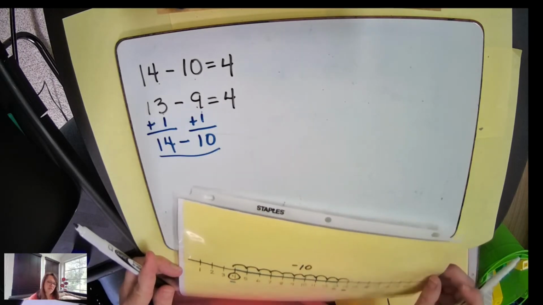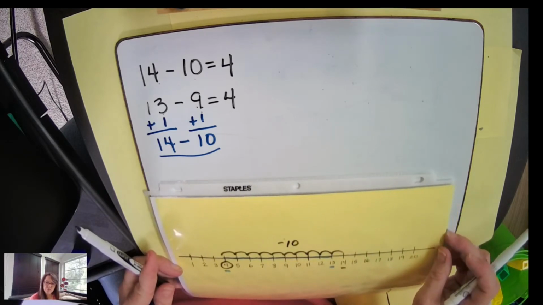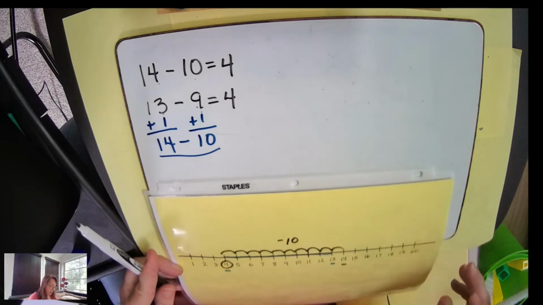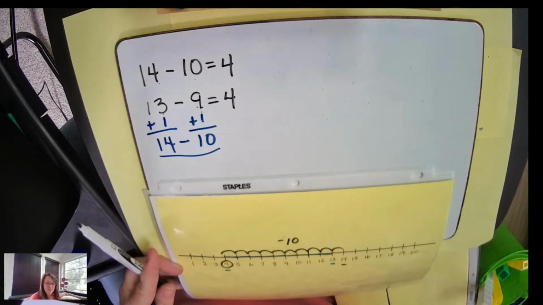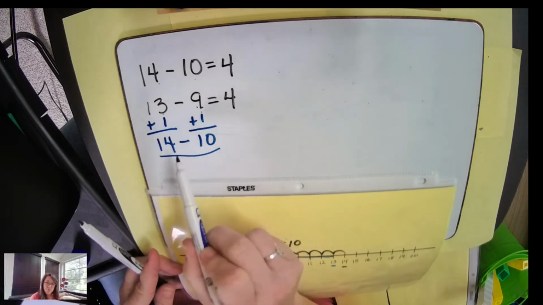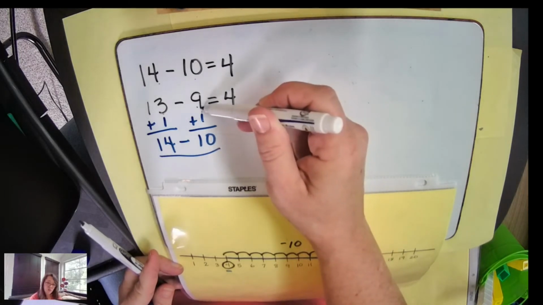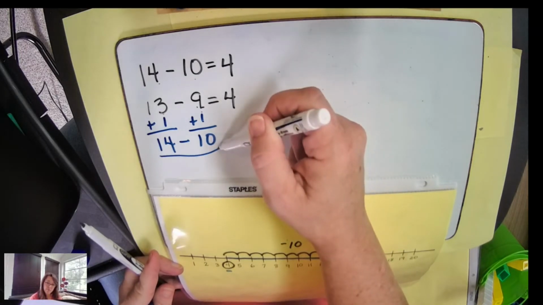Why would we want to do something like that? I see. So Nikki was saying, I would want to do this because it gets me to a friendly number.